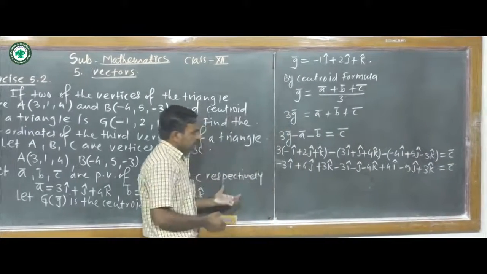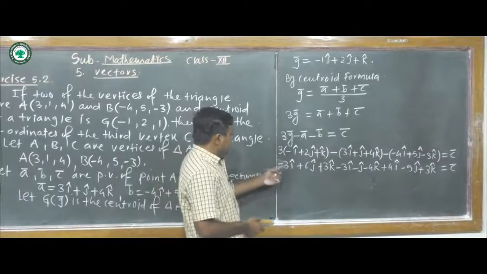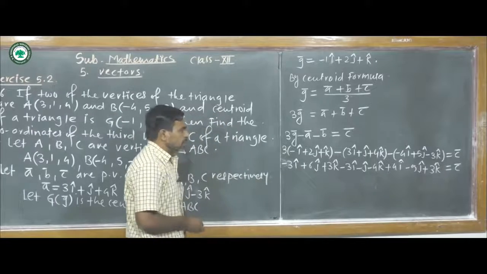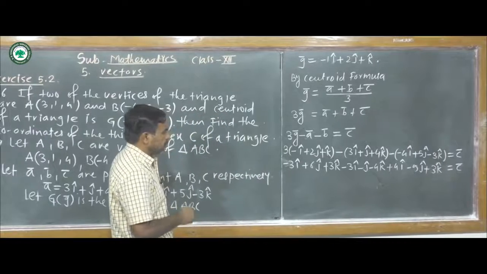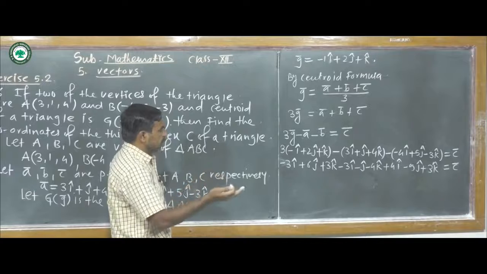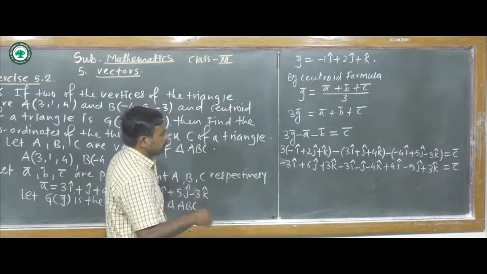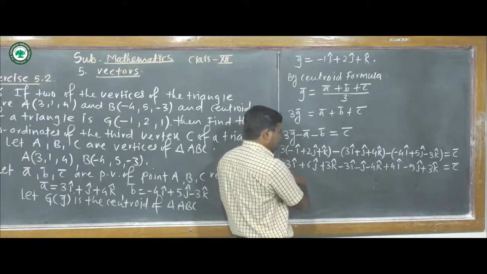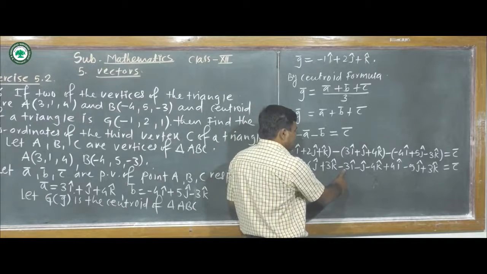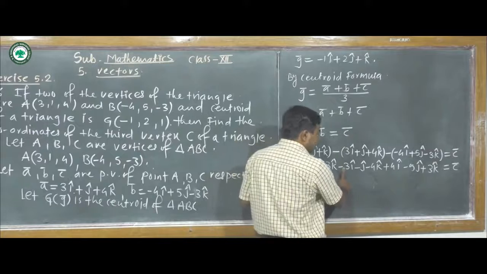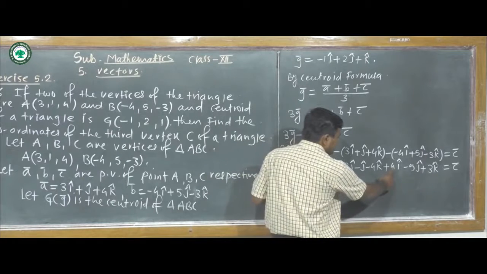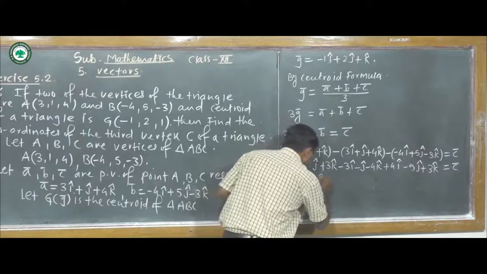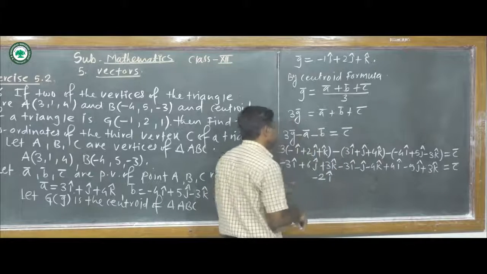Now on the left hand side there are i cap, j cap and k cap terms. So take the terms with i cap together, then the terms with j cap, and then the terms with k cap. For i cap: -3 -3 +4... that is -6 + 4, which is -2i cap.